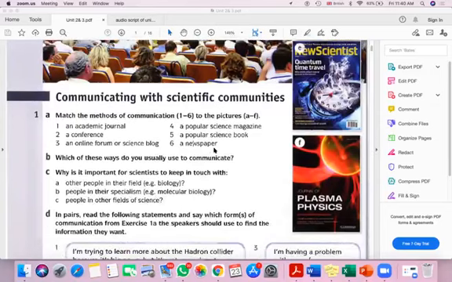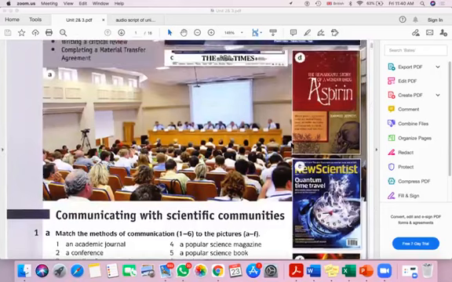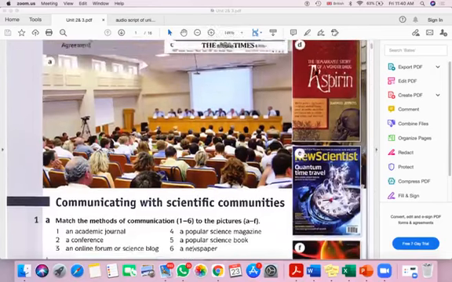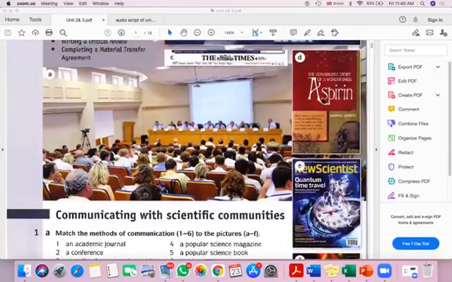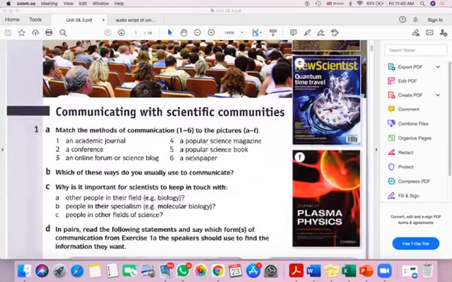And we have a newspaper. We will match from number 1 to 6 and from A to F. We have an academic journal. It's, as I told you, a publication. So it will be, for example, aspirin or New Scientist or plasma physics. As I told you, an academic journal is aimed for professionals.